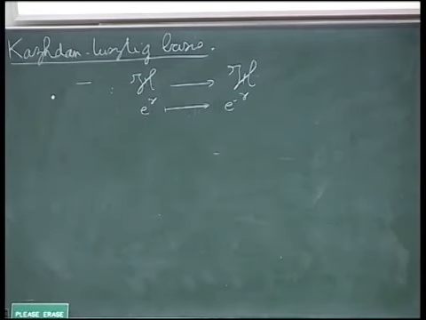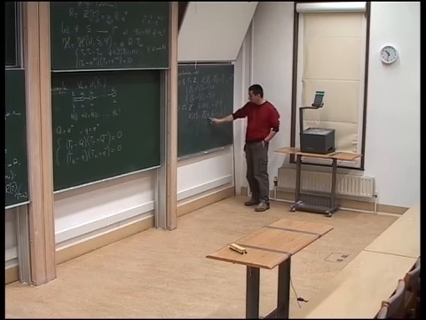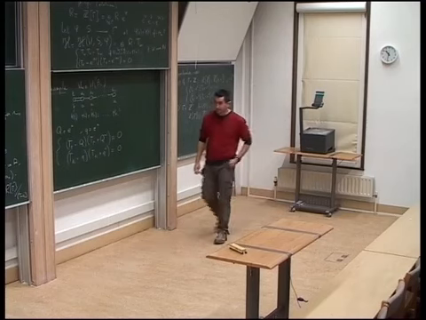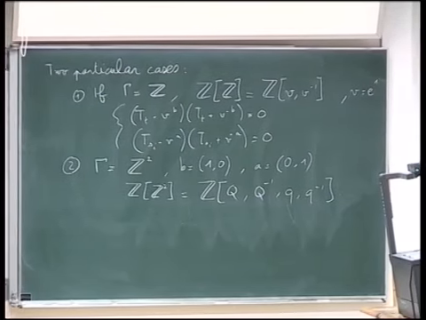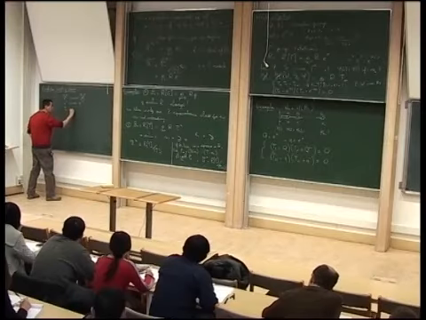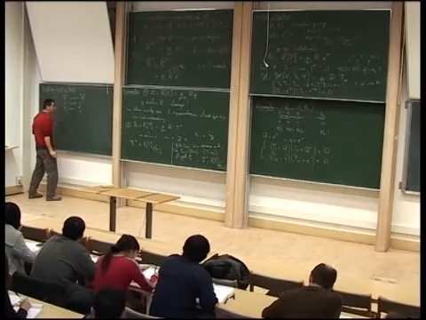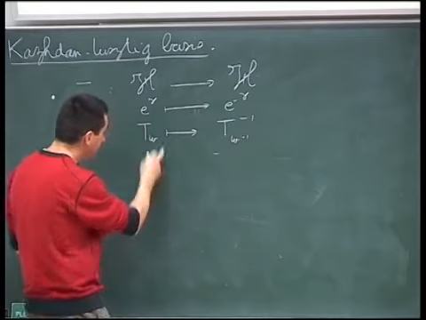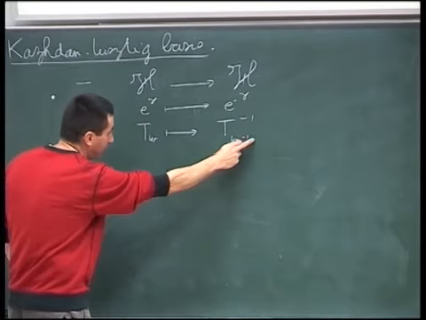If you prefer, in this case, it means just that it sends V to V inverse, and it sends capital Q to capital Q inverse and little q to little q inverse. And it sends TW to TW inverse inverse.